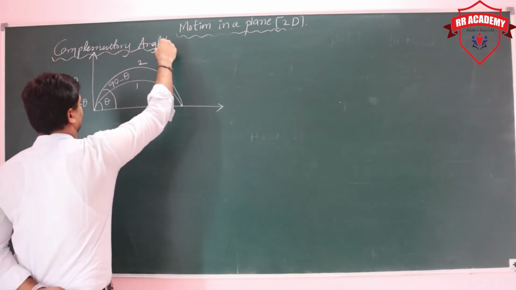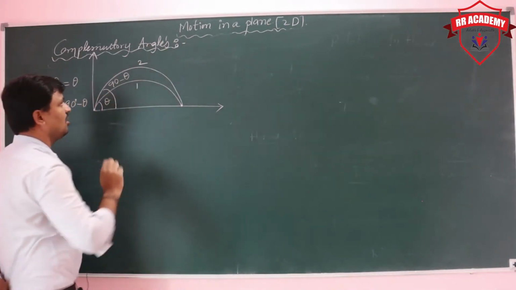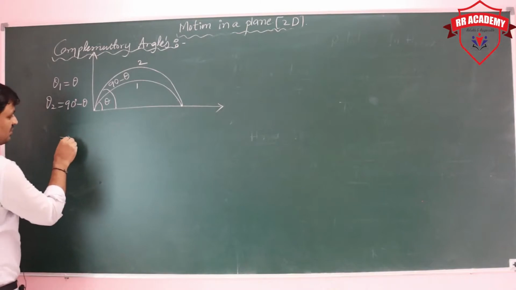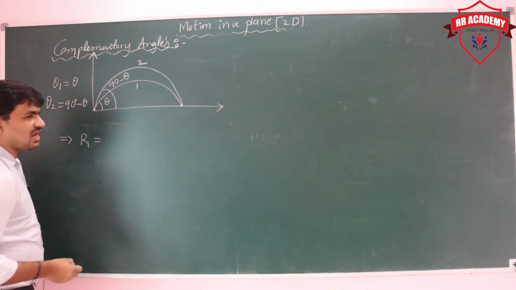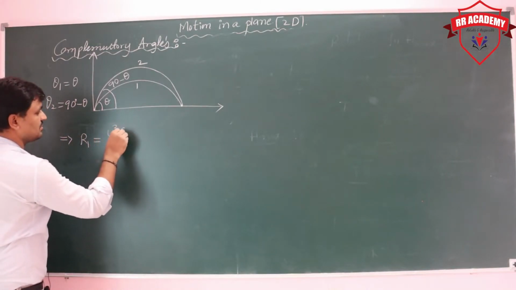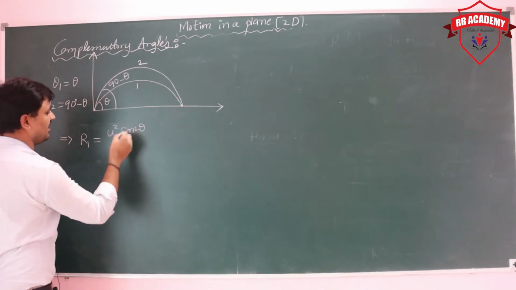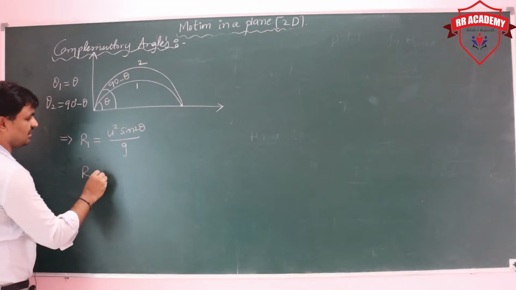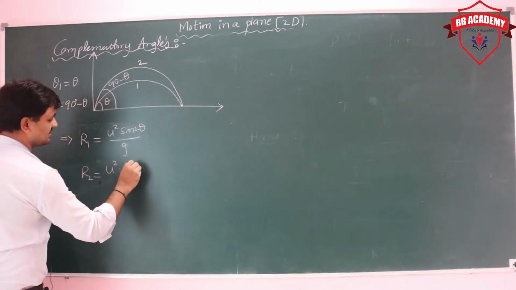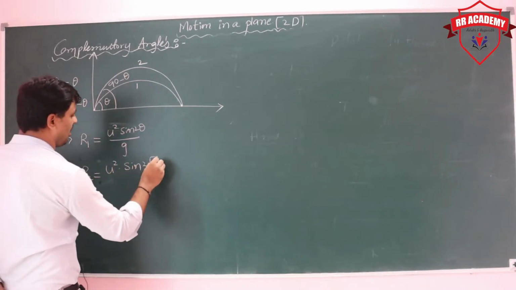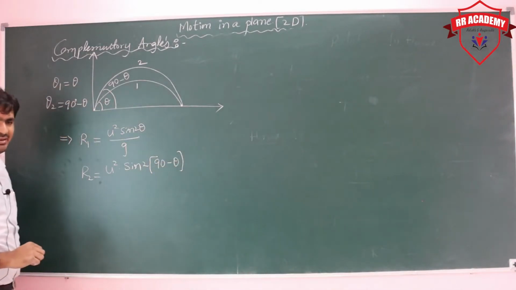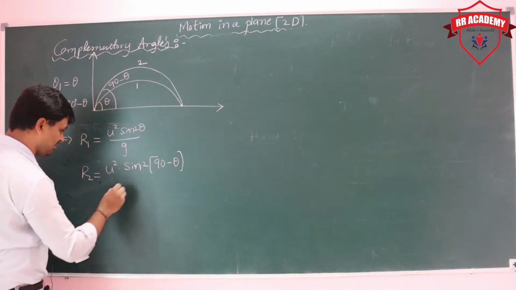Two bodies are projecting with complementary angles, 1 and 2. First I am taking the range of the first one: R1 is equal to u square sin 2 theta by g. No doubt in that. Next, the range of the second one: u square sin 2 of (90 minus theta) upon g, because the angle is 90 minus theta.